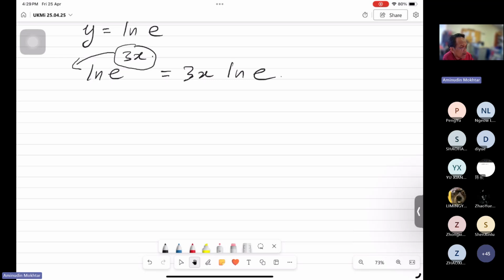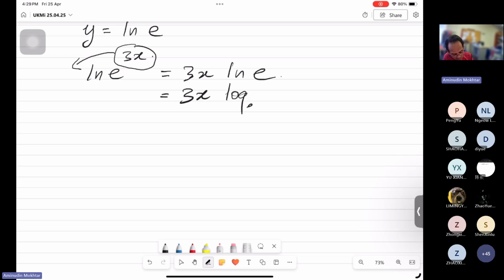The power of the log's argument can be written in front, so ln e to the power of 3x can be written as 3x ln e. And then what is ln e?